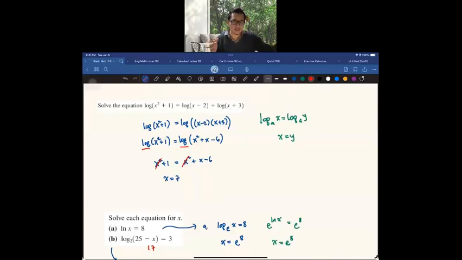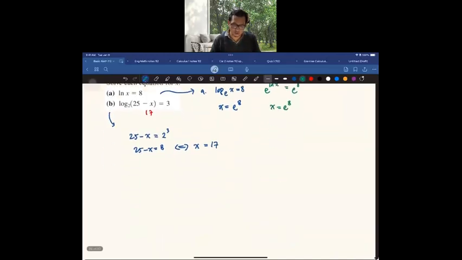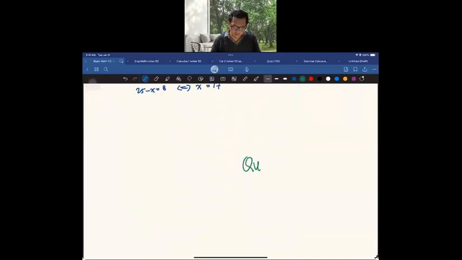So the next class, the 2 classes after this, it was expected to have another quiz, another quiz related to this: polynomial, exponent and log.